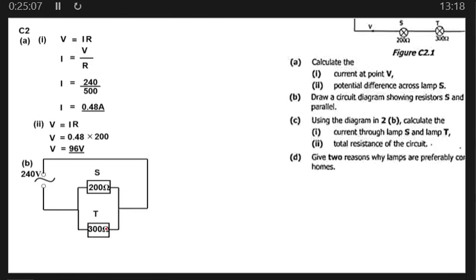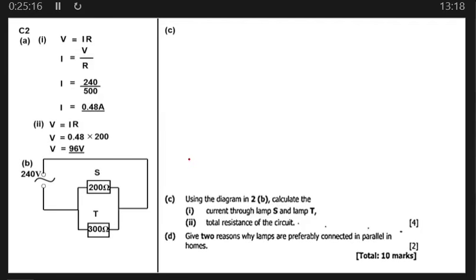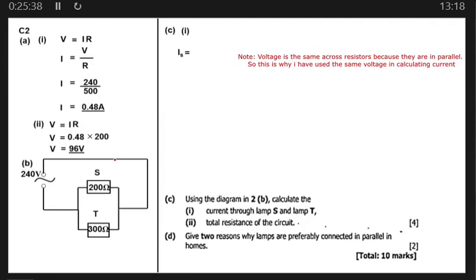So let's have space somewhere here. Now we are going to say C. Let's bring the question here. The current passing through resistor S can be given by voltage divided by resistor S. So voltage divided by resistor S will give us the current which is passing there.